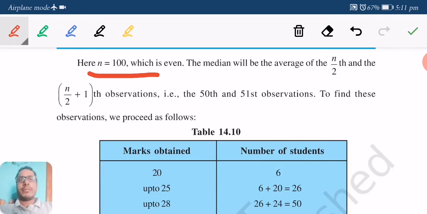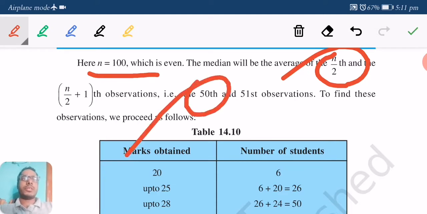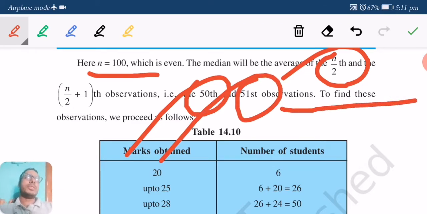Finding the median of an even number is very easy. You first find the n by 2th observation and the n by 2 plus 1th observation. n by 2 means 100 by 2, which gives you the 50th observation, and n by 2 plus 1, that is 50 plus 1, will give you the 51st observation. Then we find the average of these two.